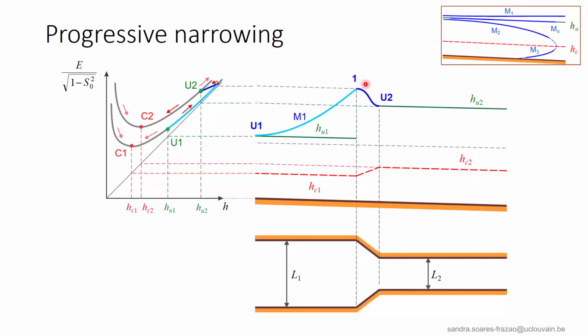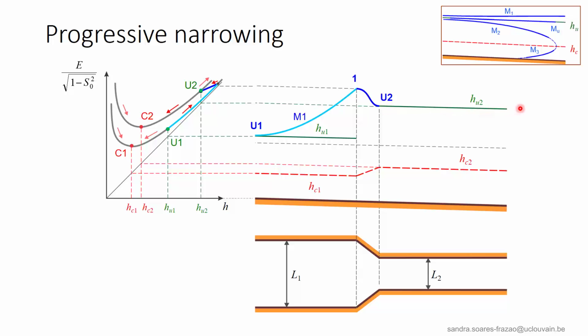The water depth then decreases in the transition to reach U2 corresponding to the uniform flow in the downstream narrow reach. Indeed, as no other water profile tends to the uniform depth in mild slope cases, the only possible water profile is a MU water profile here in the downstream part.